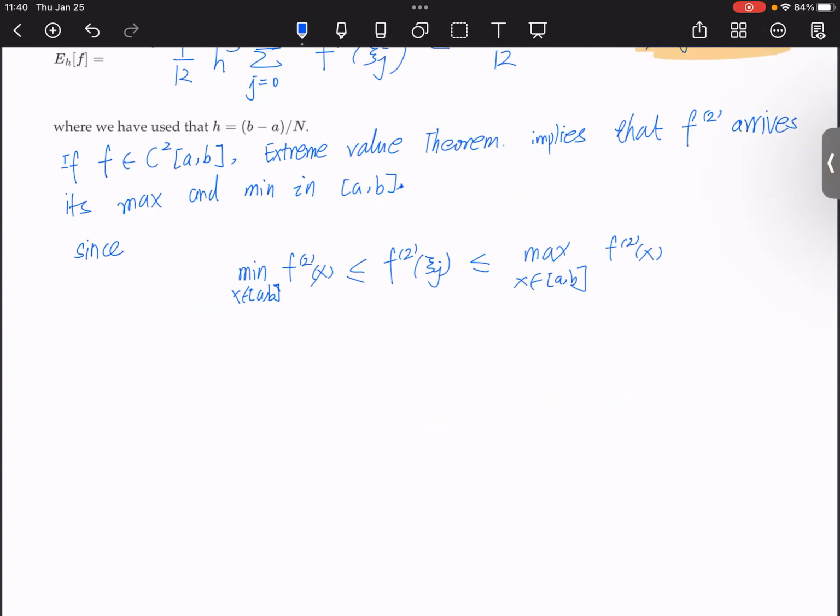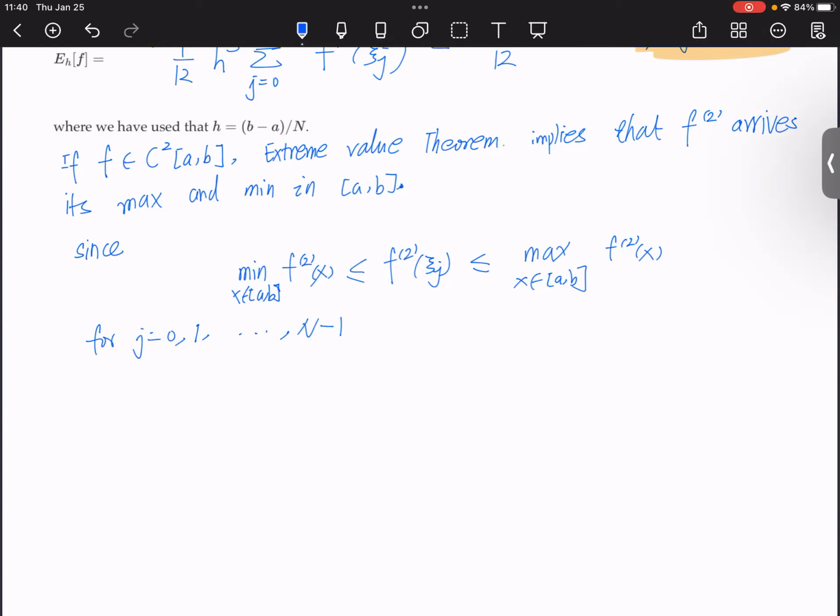So now, this is for all the j equals 0 and then 1 up to n. We have several j here. We have n plus 1 j here. Not n plus 1, we have n. This j varies from 0 to n minus 1.